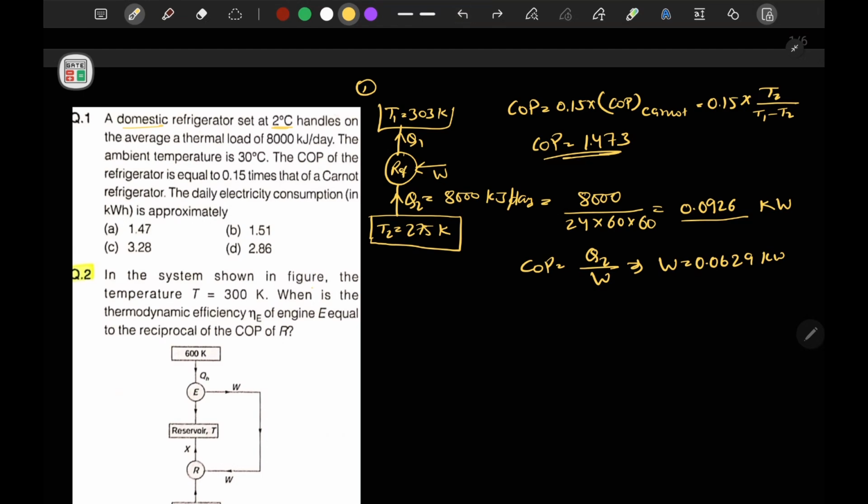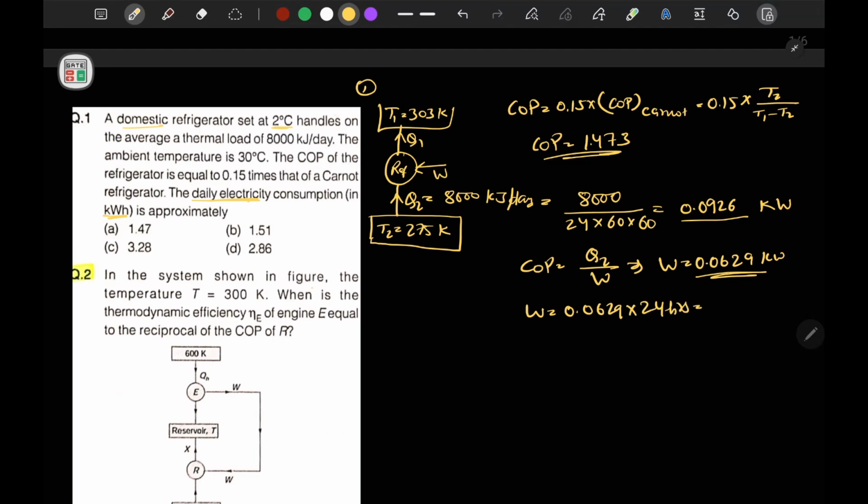So we get work done equal to 0.0629 kilowatt. Now the answer asked is in kilowatt hours, so we have to multiply by hours. It asks for the daily electric consumption, so we multiply 0.0629 by 24 hours, since 1 day is equal to 24 hours.